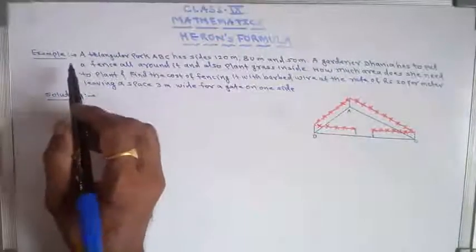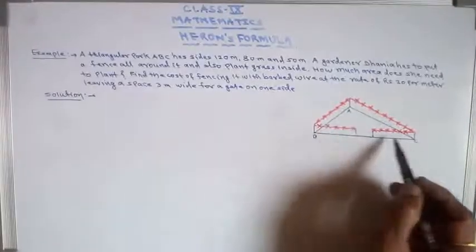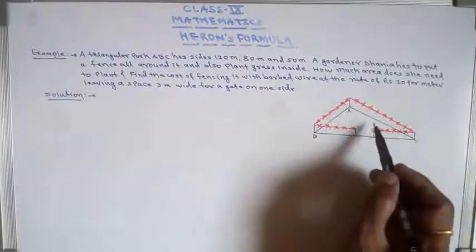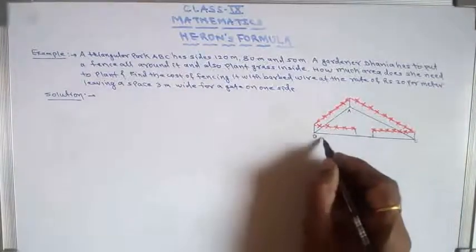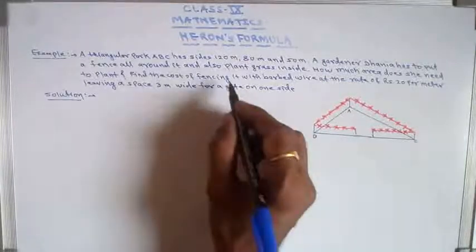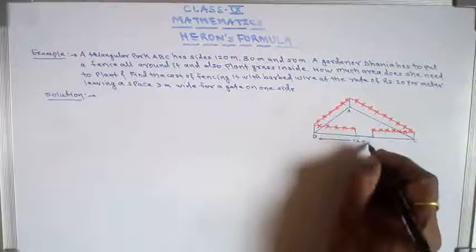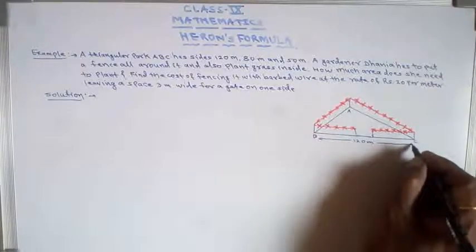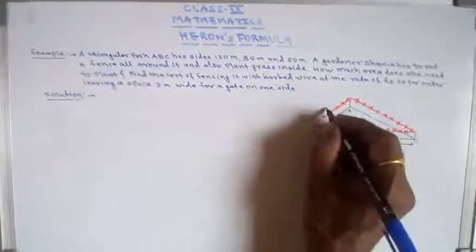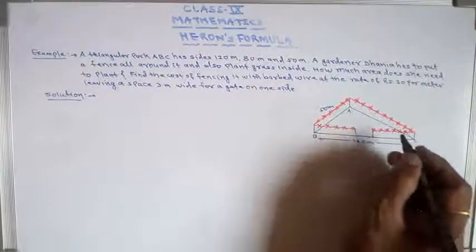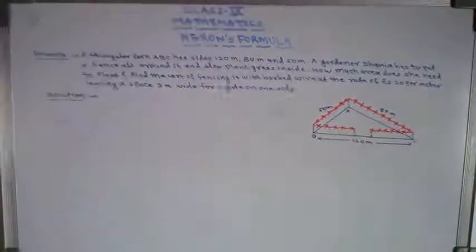Next example is a triangular park ABC. This is triangular park ABC. ABC is a triangle, that is triangular park, has sides, let this be 120 meter, this side BC, let this be 50 meter, this AB, and let this be 80 meter.